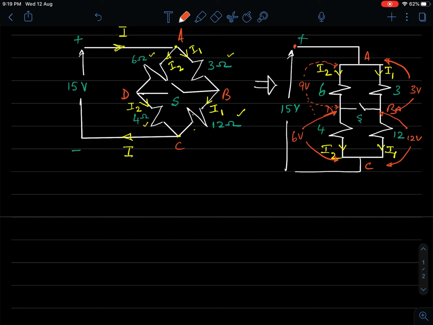Similarly, the potential of D is 15 minus 9, that is 6 volts. So B is at a higher potential than D. So if you want to find the potential difference from B to D, which is nothing but the potential difference across the switch, we move from B to D.